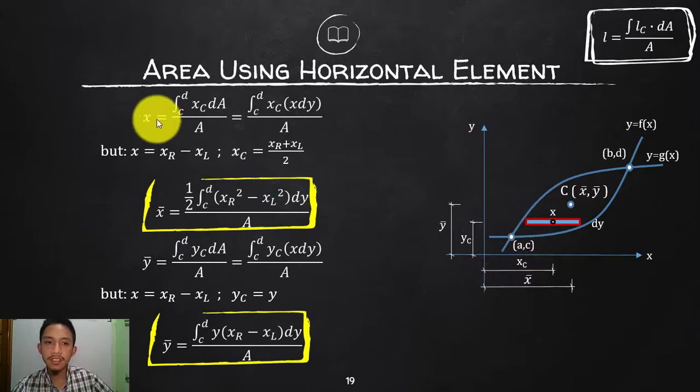So the centroidal distance, the unknown x bar, is equal to the integral. Summate by using definite integral the moments of your strip: area of the strip times the centroidal distance of the strip, which is your x sub c. Area of the strip is dA, your small area. That is x times dy, since I am using a horizontal strip. And then of course divide that by the total area.